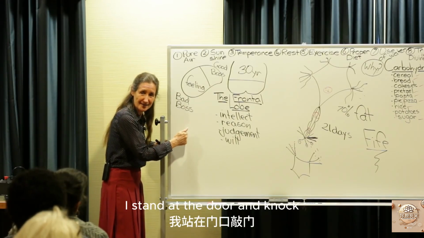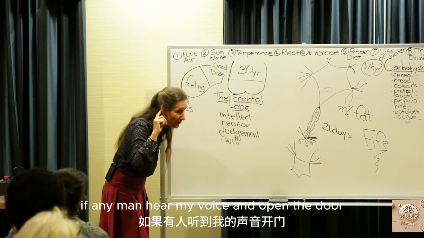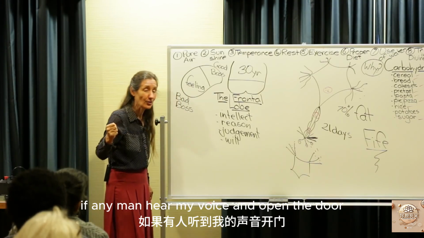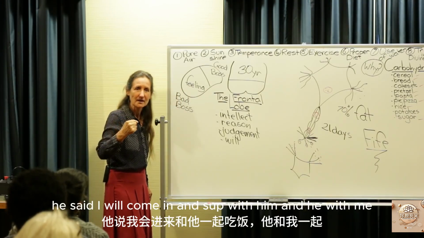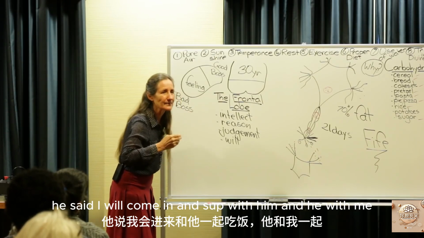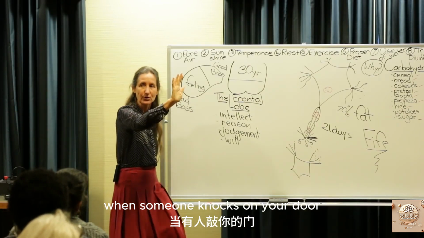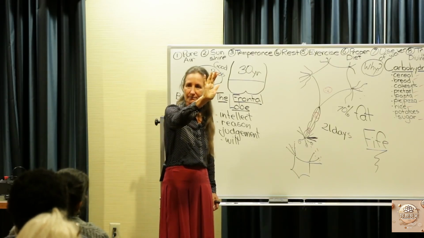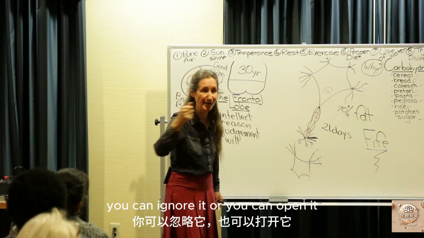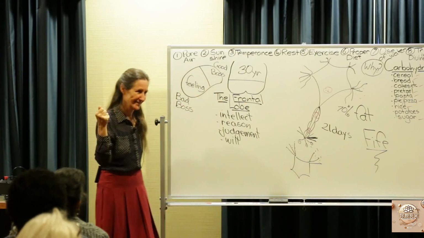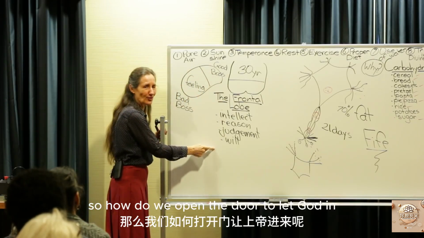He says, "Behold, I stand at the door and knock. If any man hear my voice and open the door," who opens the door? We do. He said, "I will come in and sup with him and he with me." When someone knocks on your door, you have a choice, don't you? You can ignore it or you can open it. It's your door. So how do we open the door to let God in?